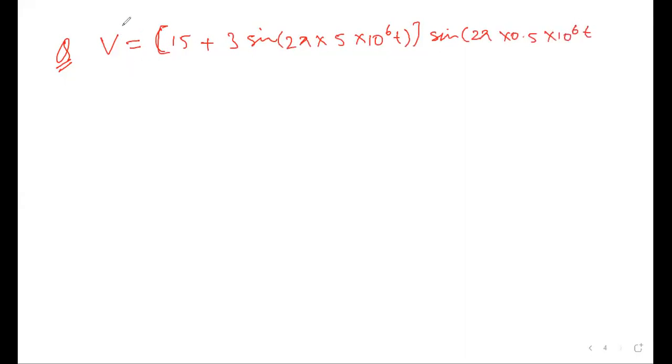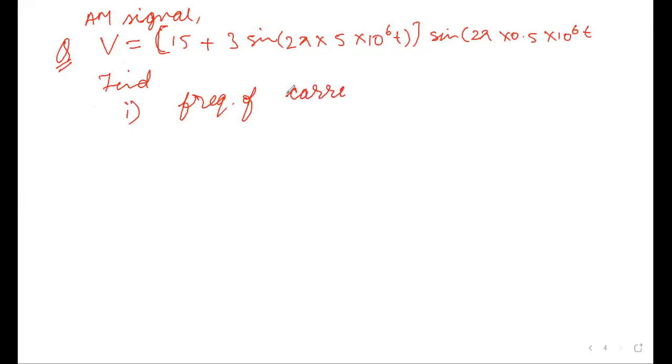So this is the AM signal, which is given by this. So you have to find the frequency of the carrier and the modulating signal.